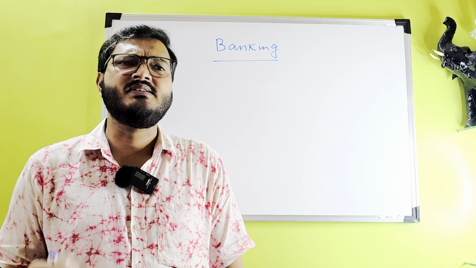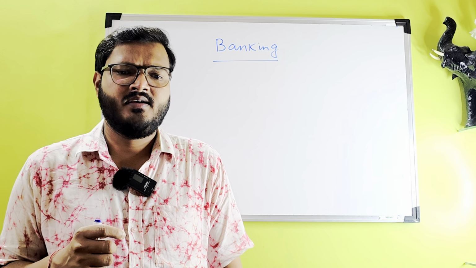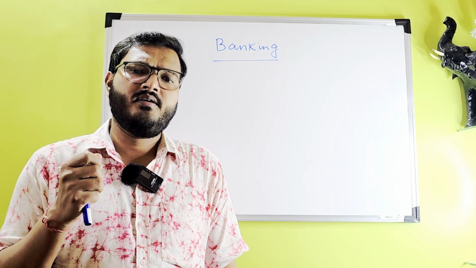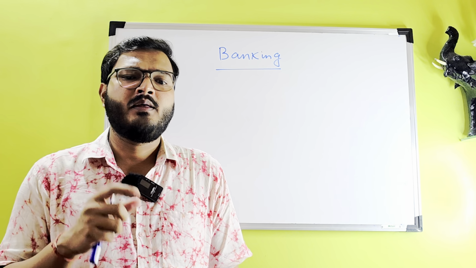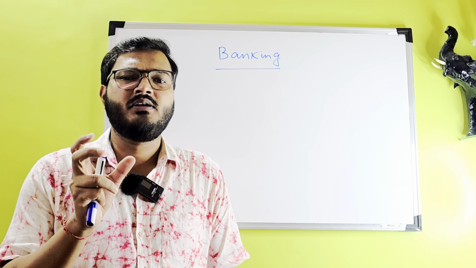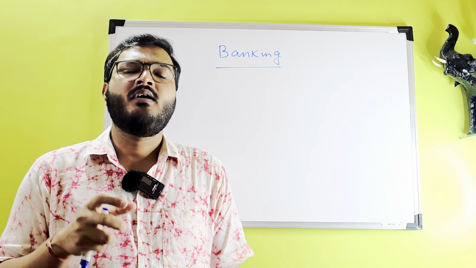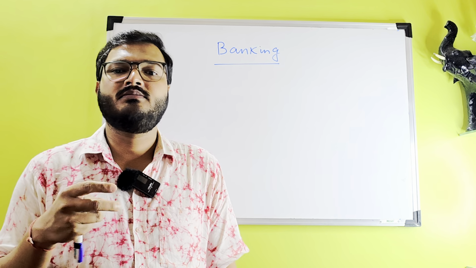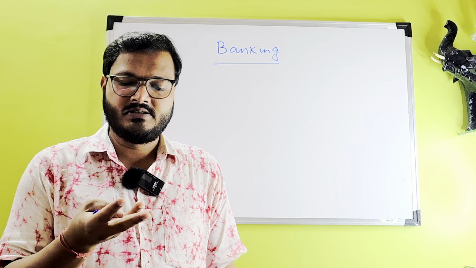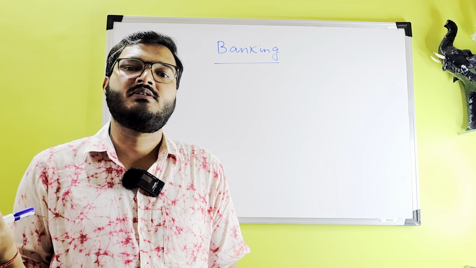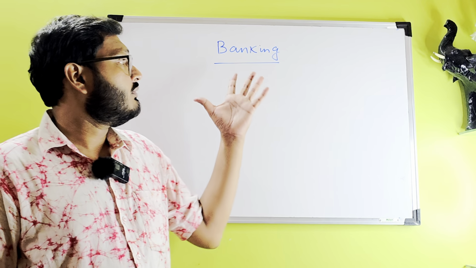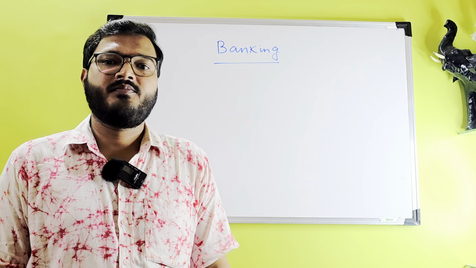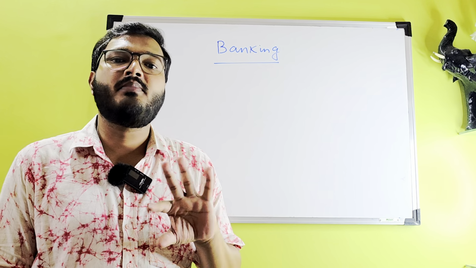This is one of the easiest chapters you can say, and to solve the sums of this chapter, you have to have some minimal idea of banking and the addition, multiplication, subtraction, and division. Nothing more, nothing less. From the name banking, you understood this is related to the bank.